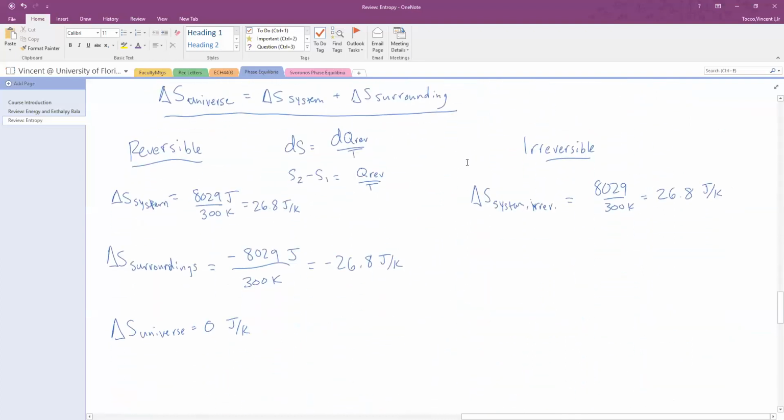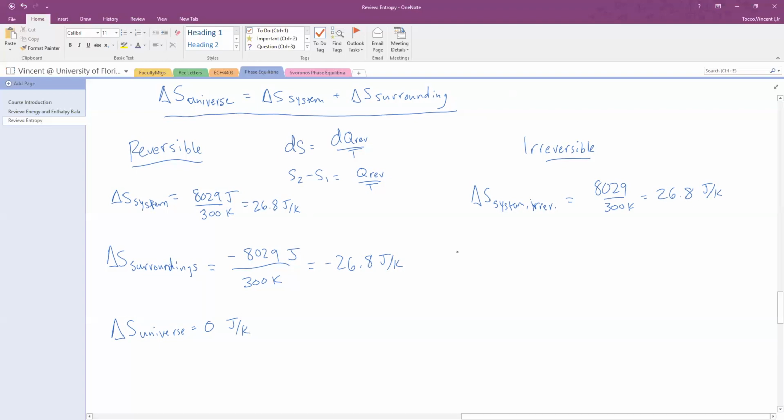But if you think about the surroundings from a system point of view, the surroundings aren't changing by very much ever, right? We assume that the surroundings are going to be large enough, the environment is so large that the temperature never changes from 300 K. So in that sense, what's happening to the surroundings is indeed reversible because there are no large gradients. Nothing is happening to the surroundings very fast at all.